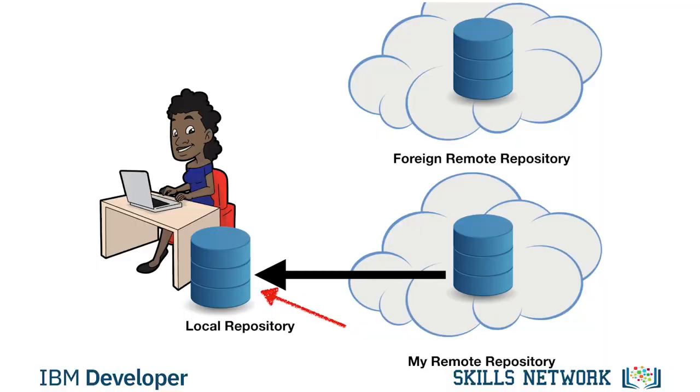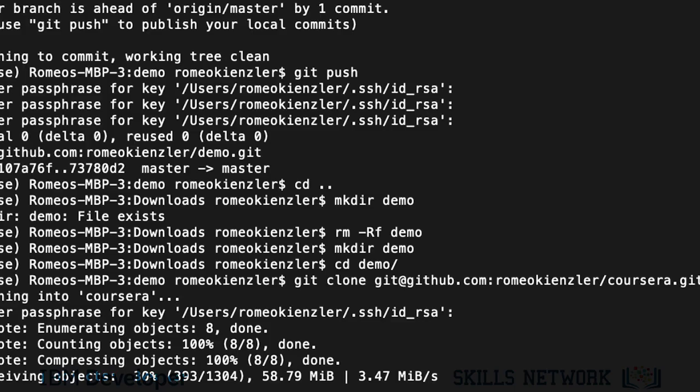I'm now cloning this remote repository into my local repository, and you see here it's in the Romeo Kinsler account, which is basically a copy of the official IBM one. I think we have to wait a bit because it's quite huge. I should maybe have set up two little test repositories, but anyway, let's wait.